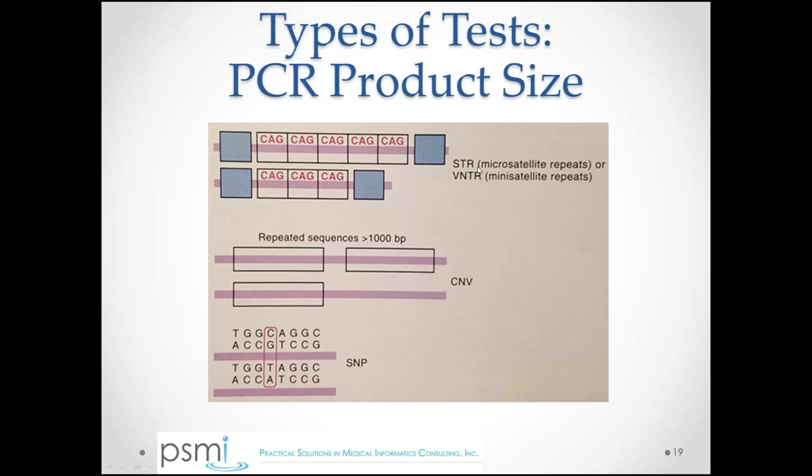And when you look at the repetitive DNA, you may recall that there's a lot of different types of repeats. There's short repeats that are right next to each other, or so-called short tandem repeats. There are long tandem repeats. There are long dispersed repeats. There's a whole bunch of different kinds of repeats.